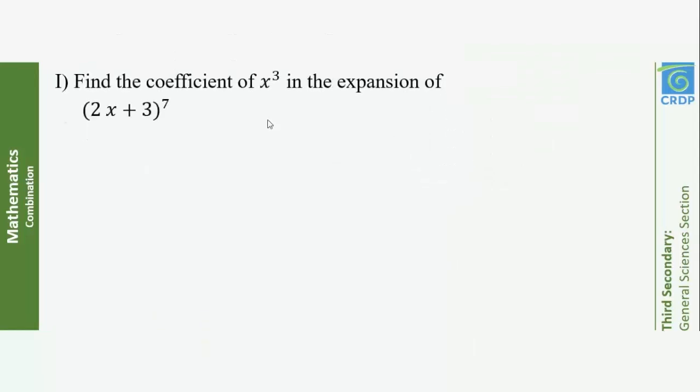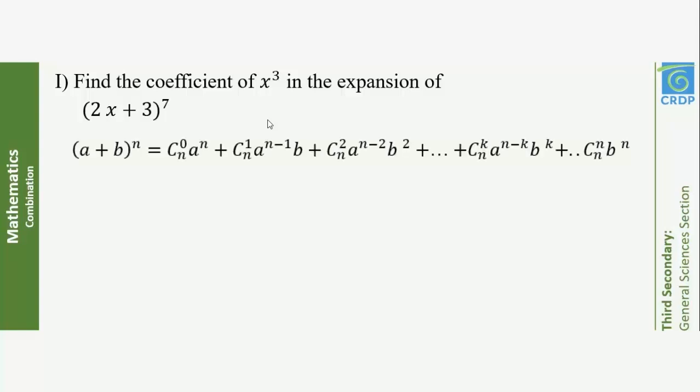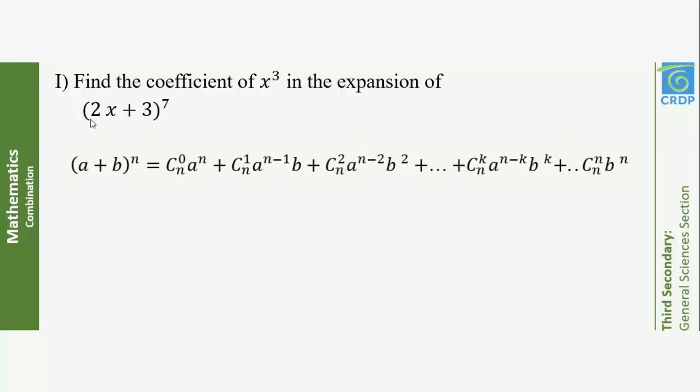Find the coefficient of x cubed in the expansion of (2x + 3)^7. Notice that we can use the binomial formula of Newton, where a is equal to 2x, b is equal to 3, and n is equal to 7. Also notice that 2x is the first term in this binomial, which means the exponents of 2x must be decreasing. So x to the power 3 will appear when n is equal to 7 and k is equal to 4.